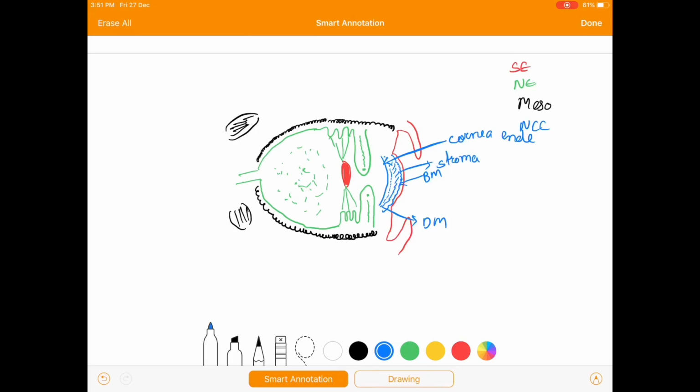Right. Now, we got all the structures like lid, conjunctiva and cornea ready. So let's move deep inside the eye, and here we reach the iris. So neural crest cells give rise to the iris stroma and ciliary stroma. So iris stroma and ciliary stroma. Okay.